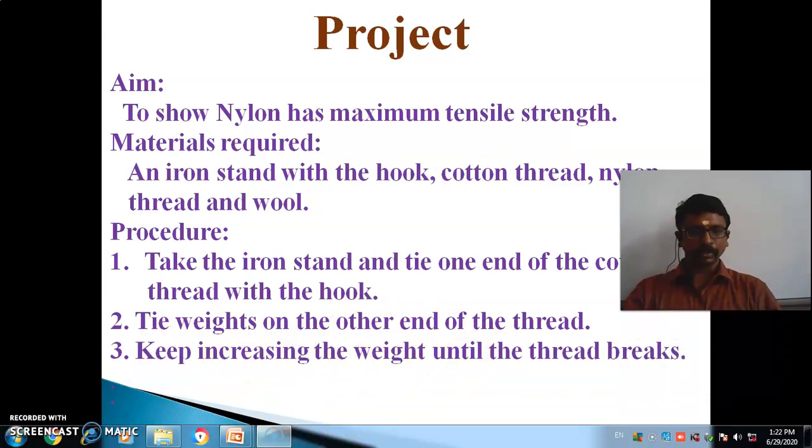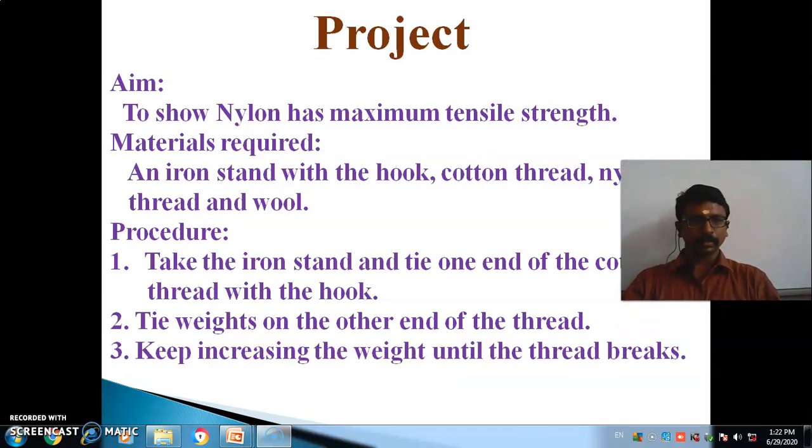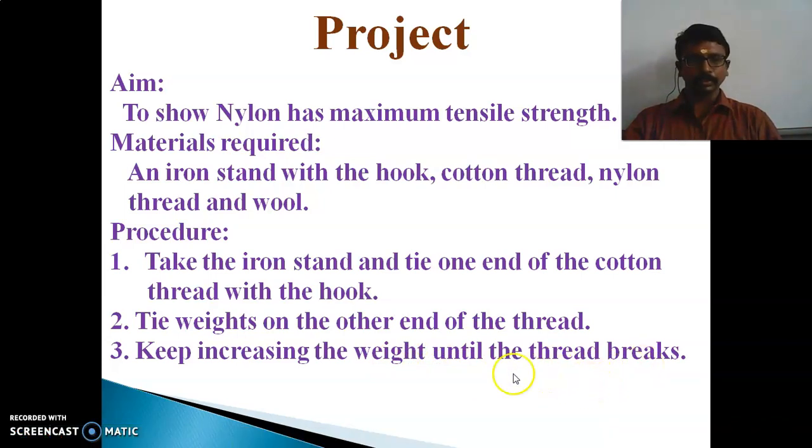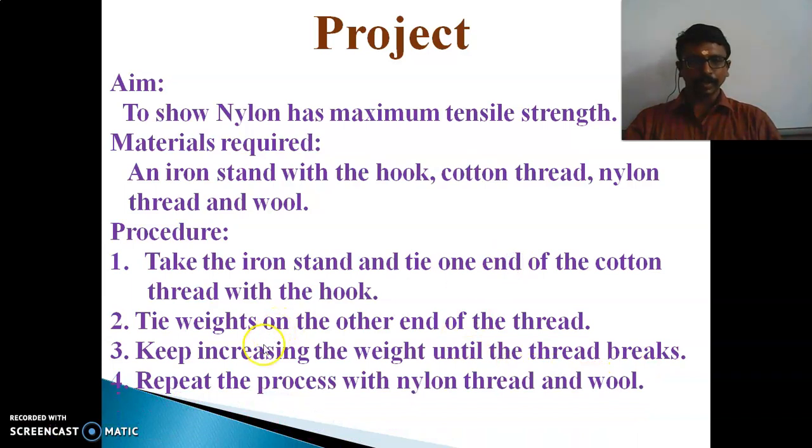Further, we have to keep increasing the weight until the thread breaks. Then repeat the process with nylon thread and wool. First do it with cotton thread, then with nylon thread, and then with wool.